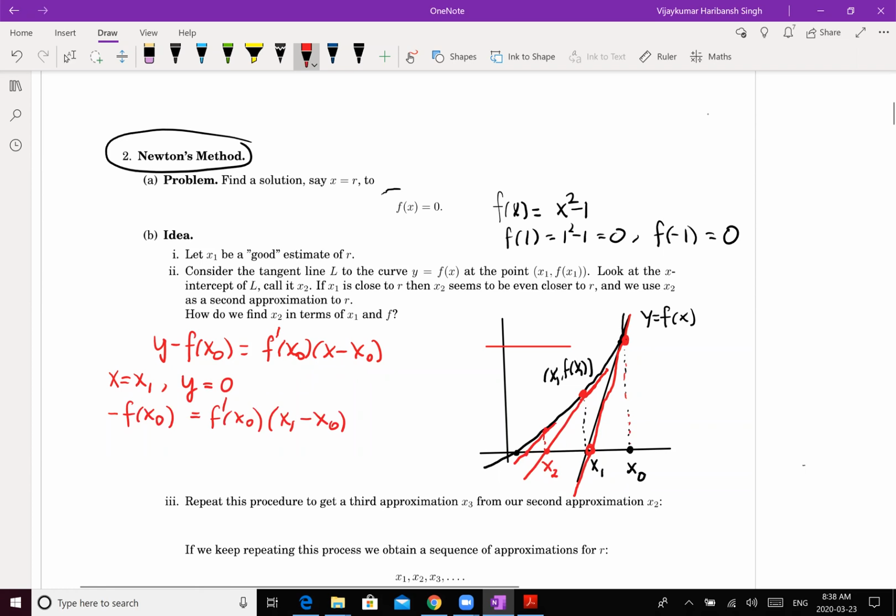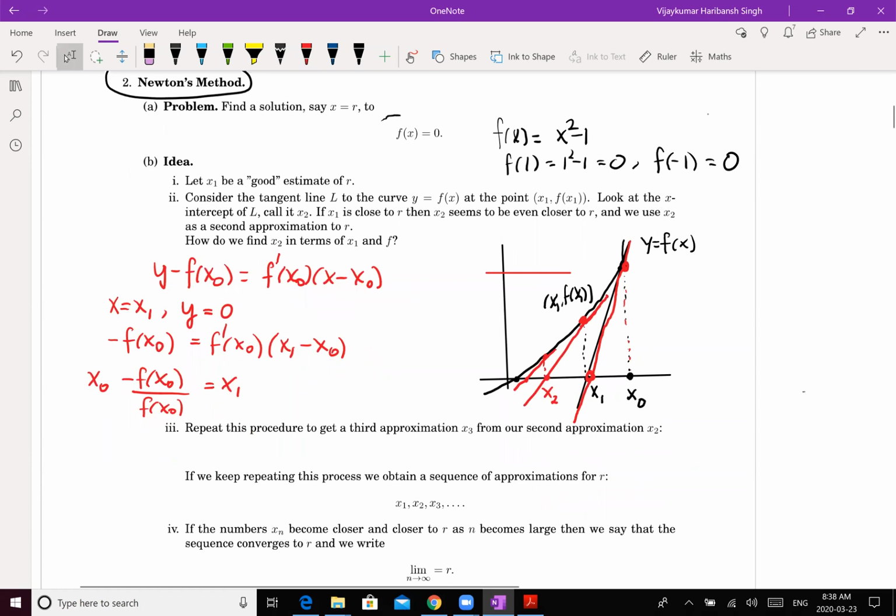Now from here, if you divide by f prime of x0 on the other side, you get f of x0 divided by f prime of x0. And bring that x0 to the other side, it's minus, so it will become plus, equals your x1. So you see, using x0, you get x1.